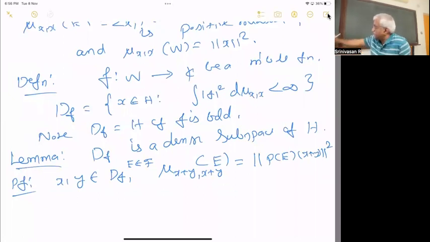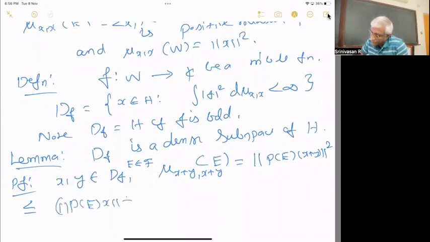Which is of course P(E)x plus P(E)y, and this is less than or equal to the norm of P(E)x plus the norm of P(E)y, squared, by the triangle inequality. Which is less than or equal to the first term, norm P(E)x squared, plus norm P(E)y squared, plus 2 times the cross term, all positive.